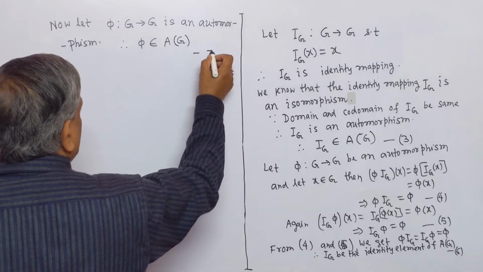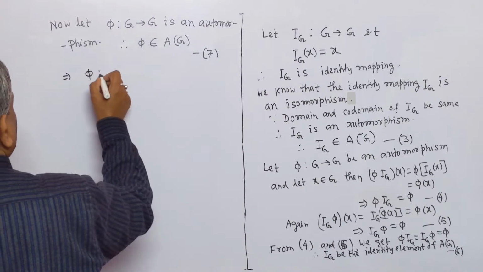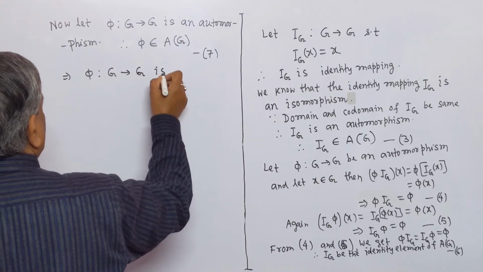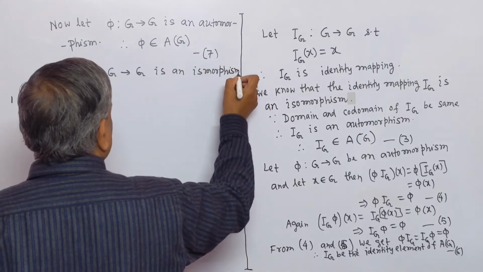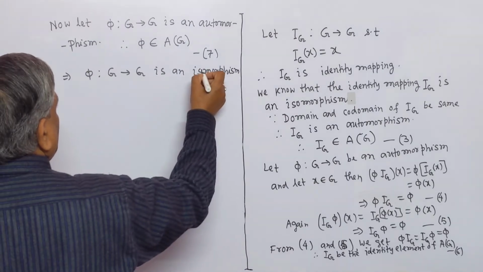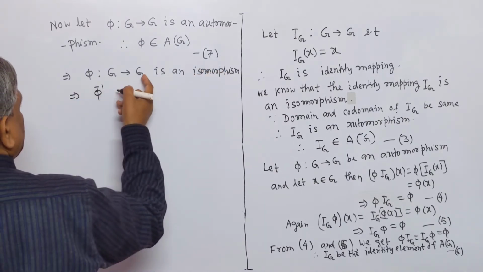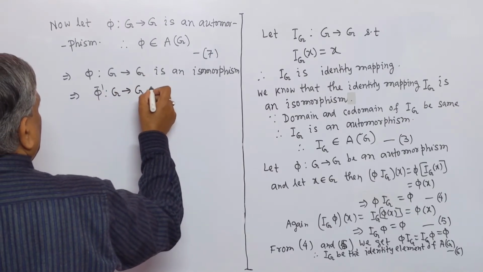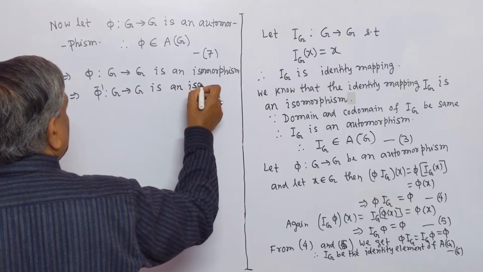This is number 7. Implies that phi defined on G to G is an isomorphism. Implies that phi inverse from G to G is an isomorphism.